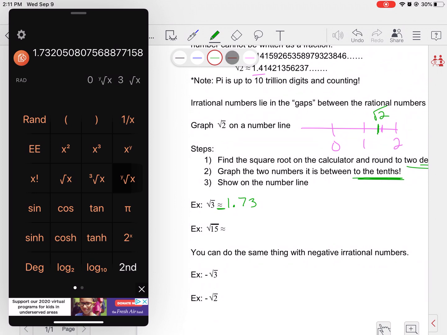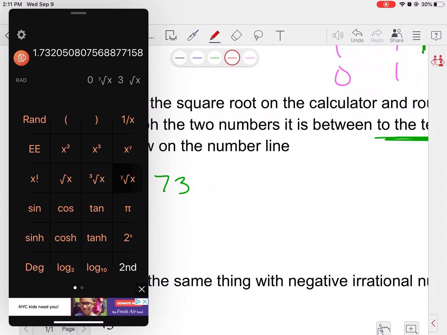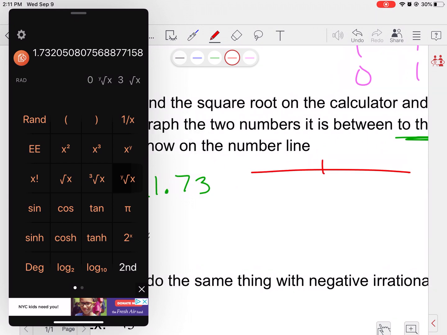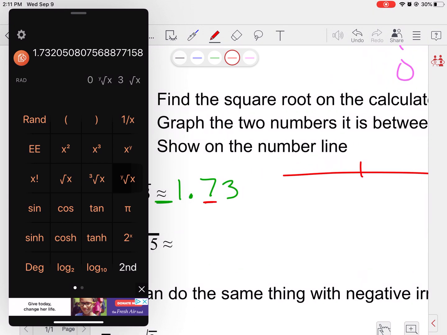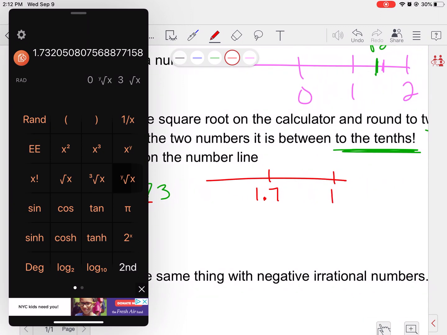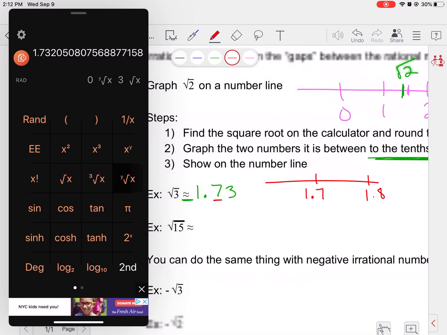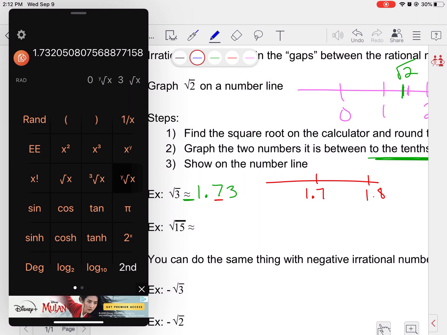Now, if I want to graph this, I know that the tenths place is 7. So I'm going to go to 1.7 and 1.8, because 1.7 is just a little bit lower than 1.73, and 1.8 is just a little bit bigger than 1.73. 1.73 would be a little bit closer to 1.7 than 1.8, so I can put the square root of 3 here.